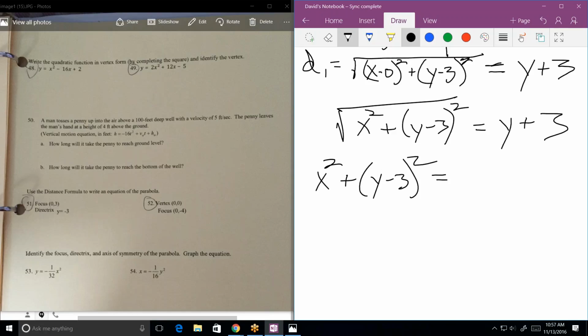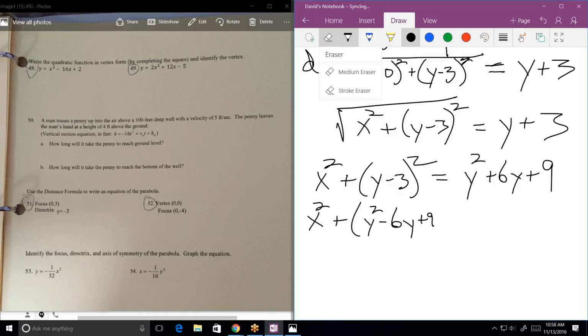And over here, I get y squared plus 6y plus 9. In other words, I got to square both sides. And now I'm going to go back and expand that. Should have done it the first place. I just wasn't sure I was going to need to. Y squared minus 6y plus 9. And I don't need those parentheses.